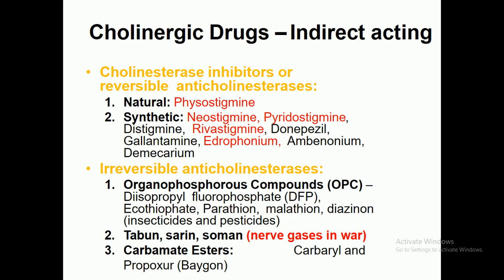The cholinergic drugs which are indirect acting are the anticholinesterases. So cholinesterase inhibitors are reversible anticholinesterases. If you remember, we have already talked about all the things related to the cholinesterase inhibitors.